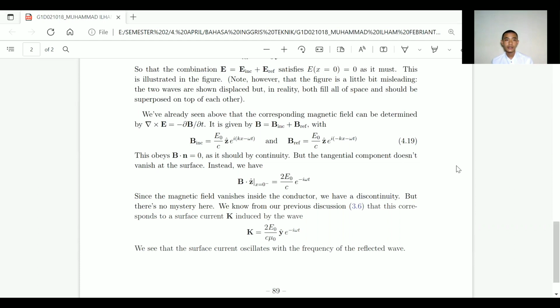nabla cross E equals minus dB divided by dt.